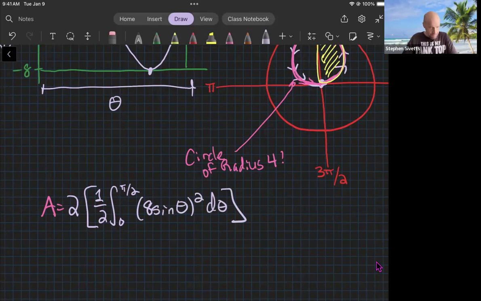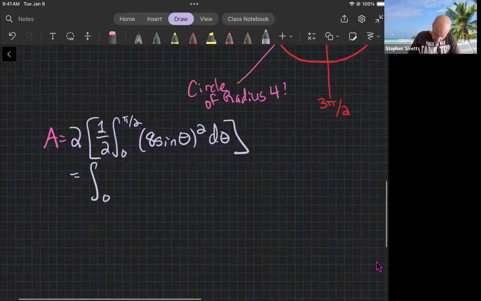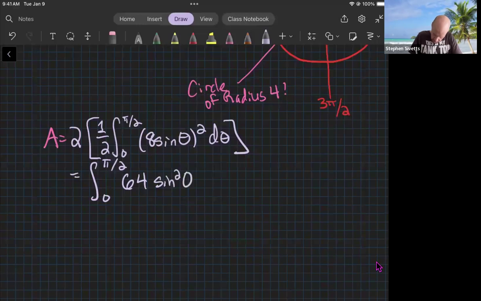That's how you would formulate it. And so this equals the integral from 0 to pi over 2 of 64 sine squared theta d theta.